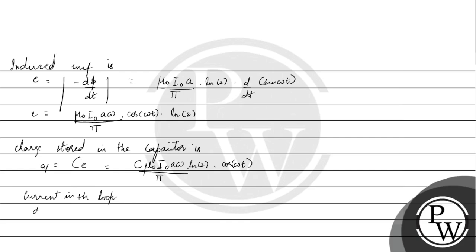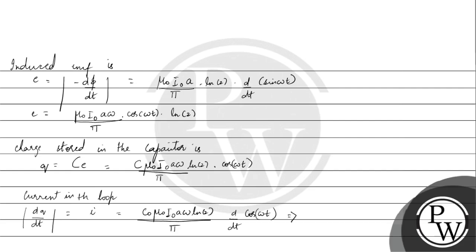So dq by dt magnitude is equal to I, which is given by C mu naught I naught a omega ln 2 divided by pi into d by dt of cos omega t.